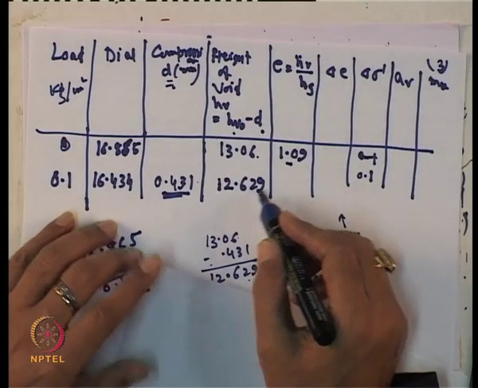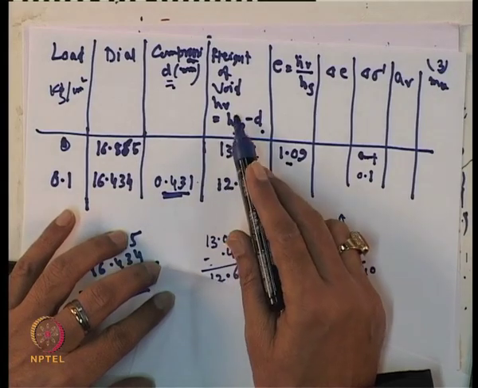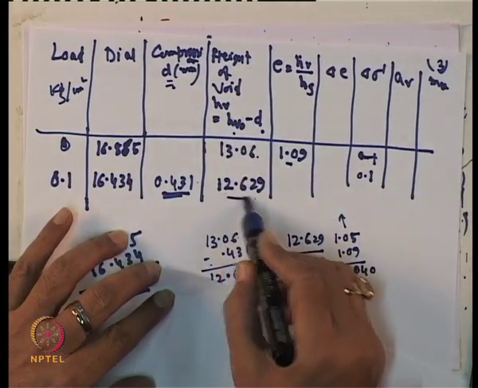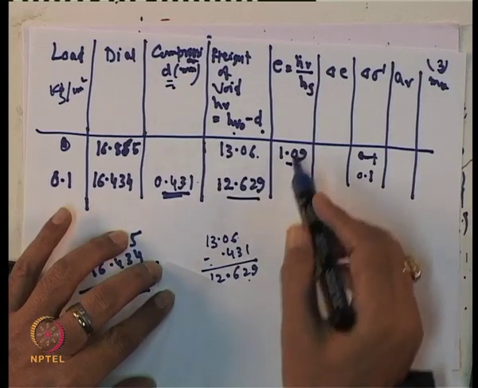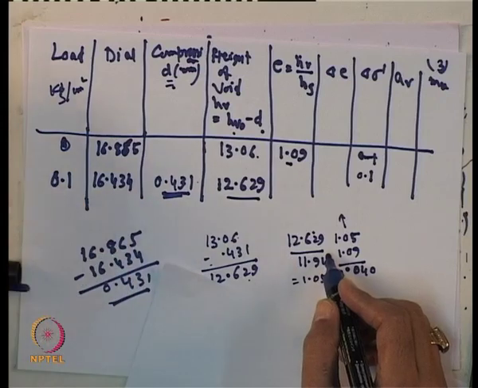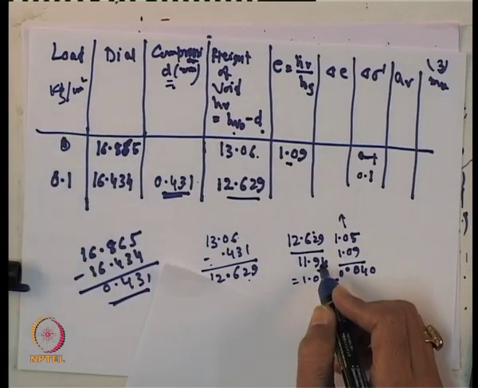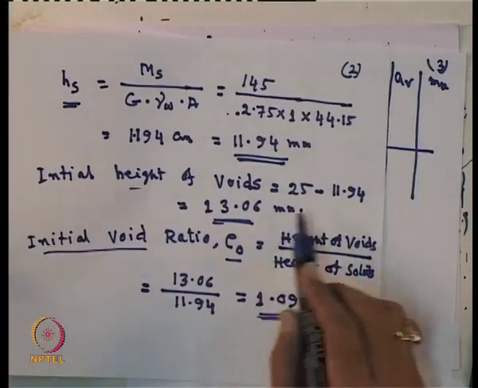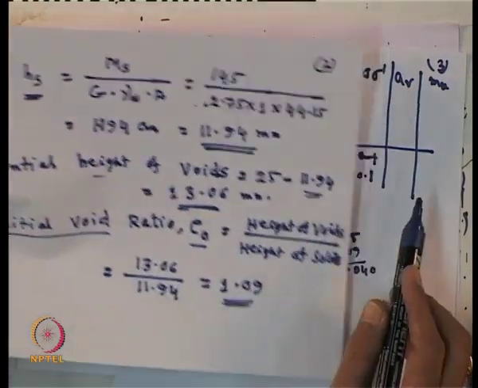Here H is equal to 12.629, divided by the height of the solid. The height of the solid we calculated is 11.94.